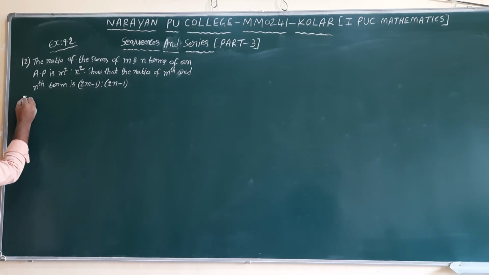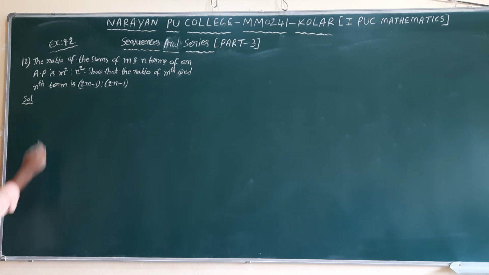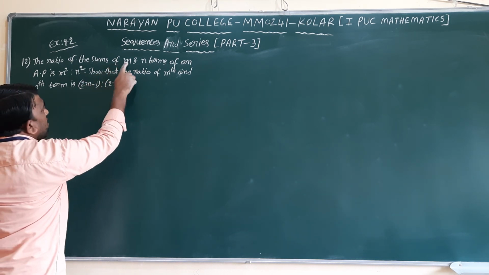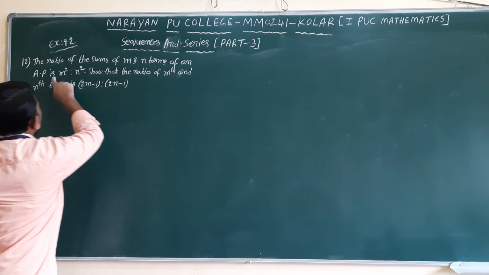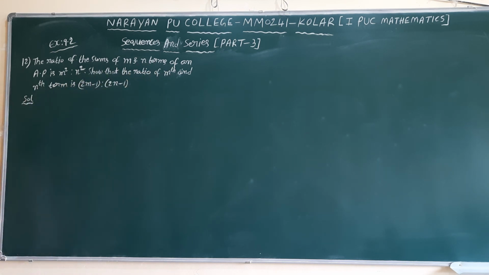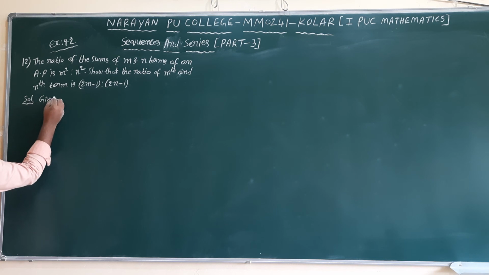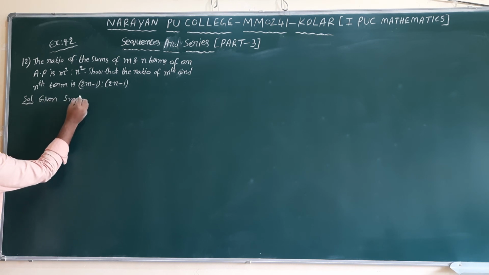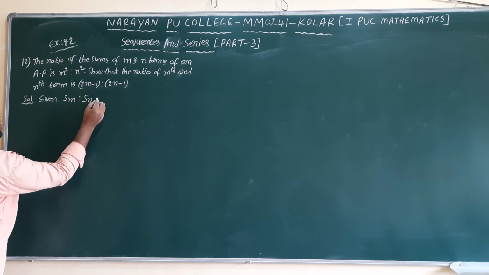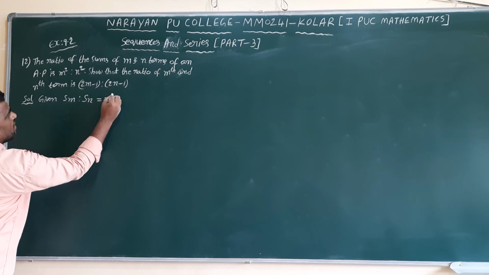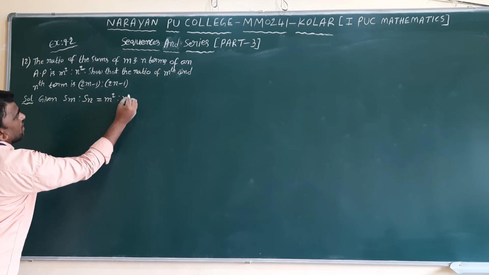Now here they given the ratio of the sum of m and n terms of an AP. Sm, Sn are in the ratio m square is to n square. So given Sm is to Sn is equal to m square is to n square.